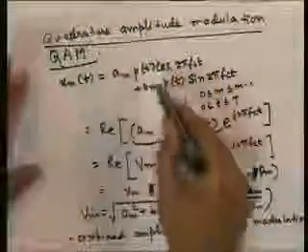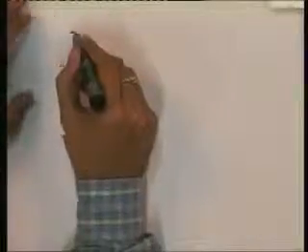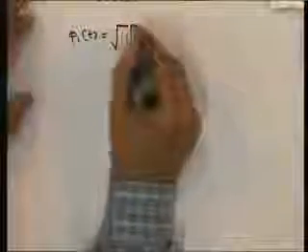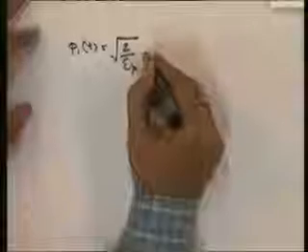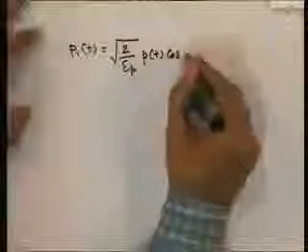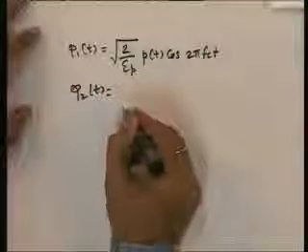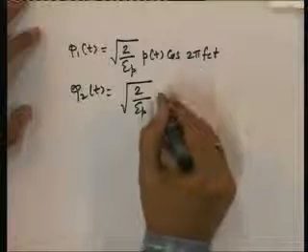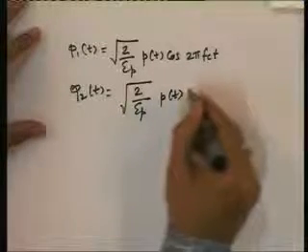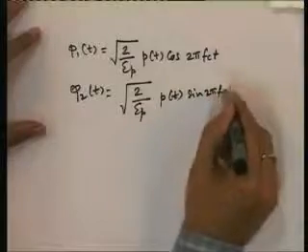Okay. So now let us draw the constellation. For some specific cases we will draw, but let us see how to do it. So here also, just like PSK, because x_m(t) is expressed in this form, we can take the same basis, same fundamental signals phi 1(t) and phi 2(t). So our phi 1(t) is just like before, root 2 by Ep p(t) cos 2 pi fct, and phi 2(t) is root 2 by Ep p(t) sin 2 pi fct.